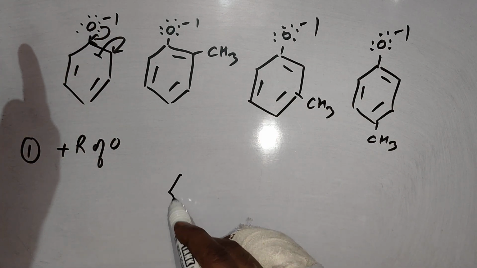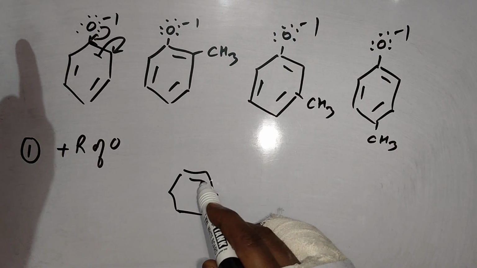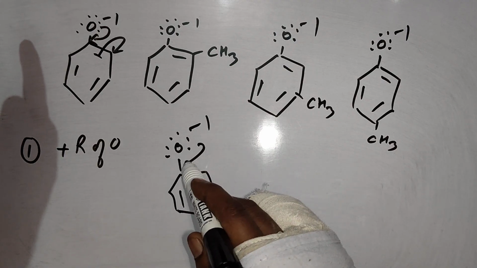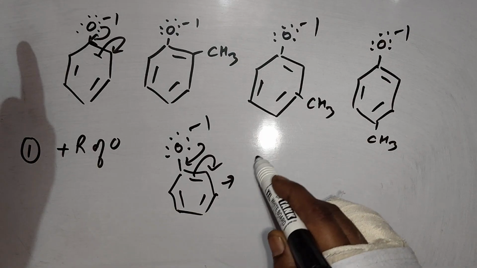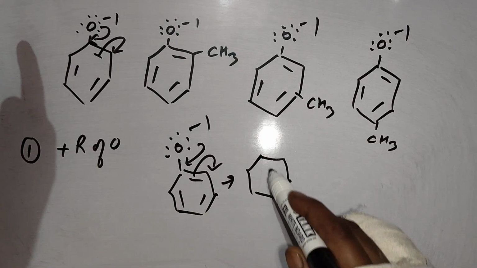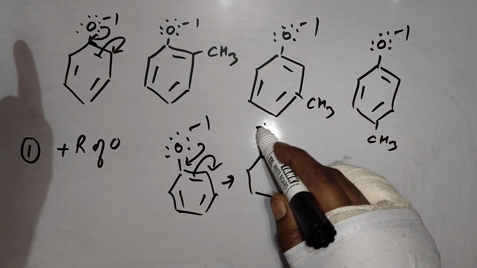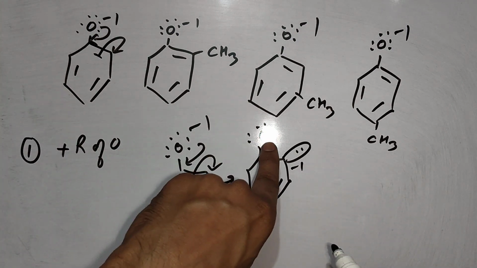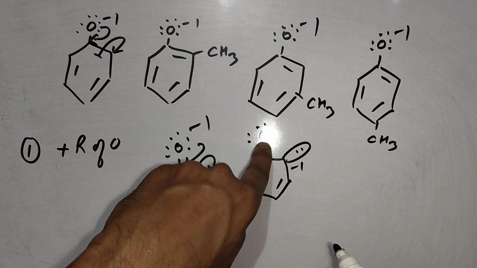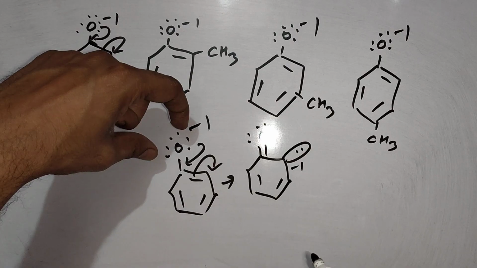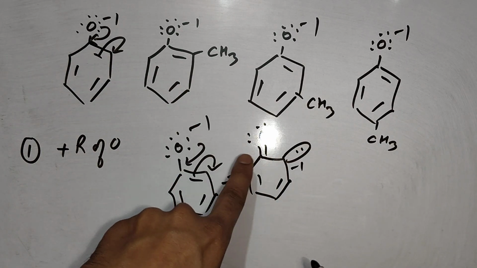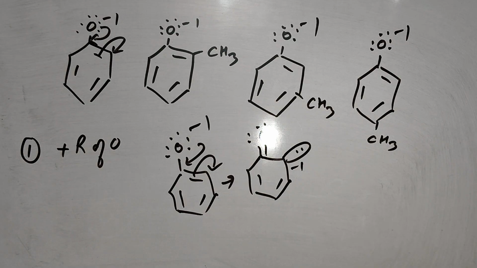You know, after this movement, what will be the next structure? This. The negative charge will come on this carbon, and from oxygen the negative charge will finish. Only 2 lone pairs will be left. Here there were 3, so the negative charge was there. But due to resonance, its negative charge is finishing, which we call plus R of oxygen.